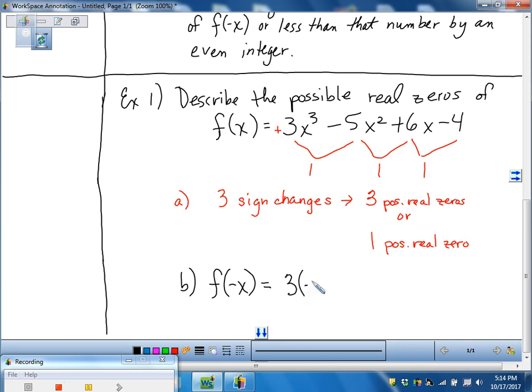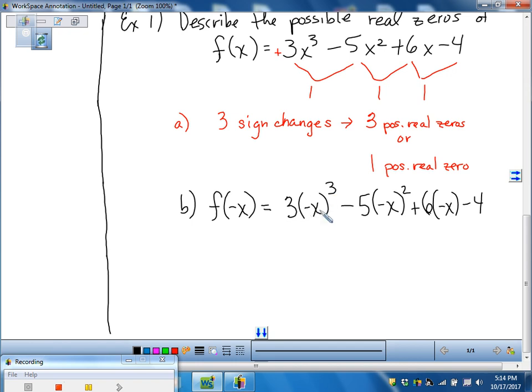If I plug in negative x everywhere there's an x, plugging in negative x into the x cubed, and we've got minus 5, and then we're plugging in a negative x again, and we're squaring that, plus 6 times the negative x, minus 4. We're going to simplify.